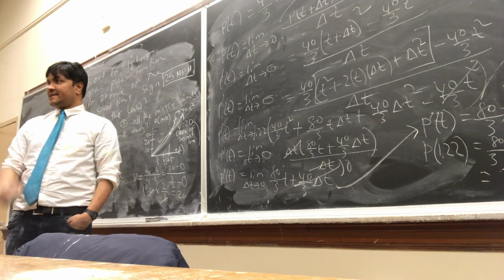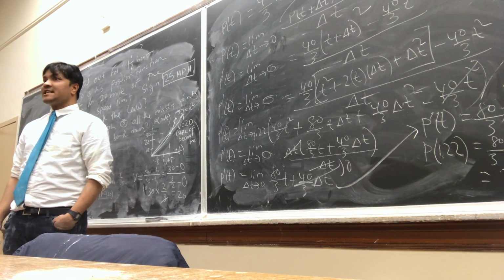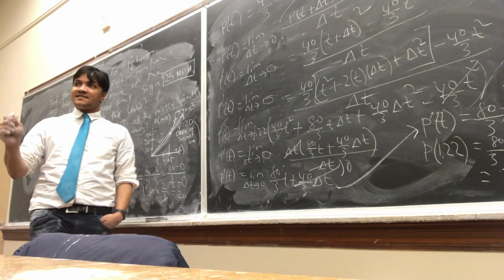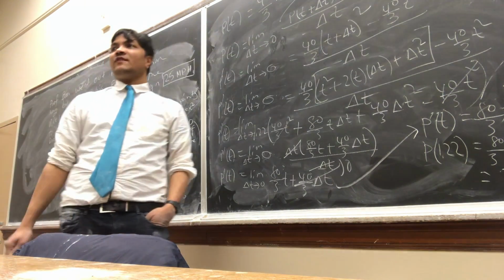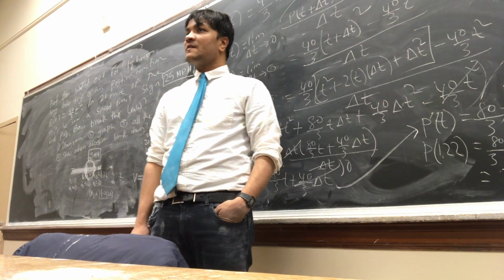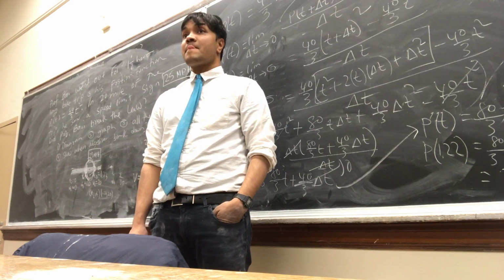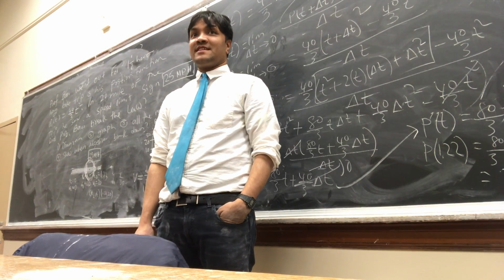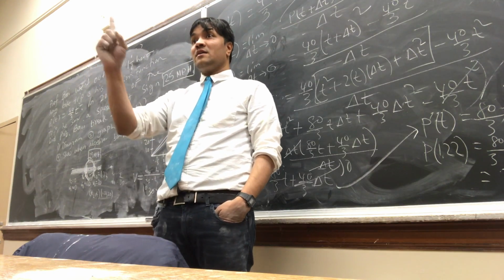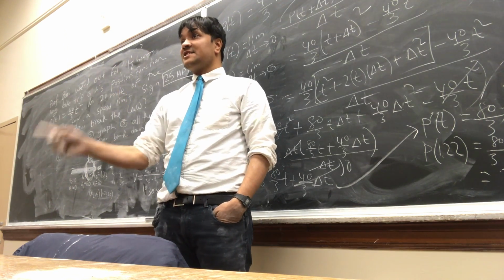So what do you call that? Instantaneous velocity. What type of velocity are we talking about when you say instantaneous velocity? It is the slope of the tangent line. That is instantaneous velocity.